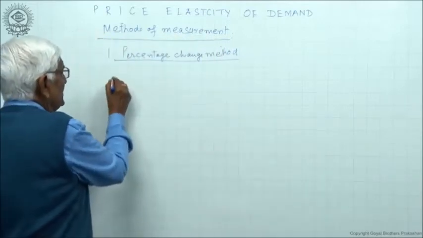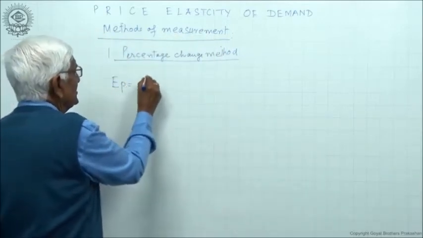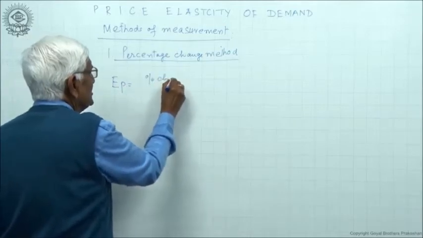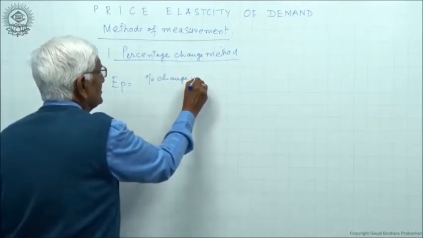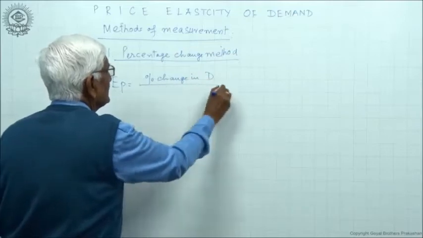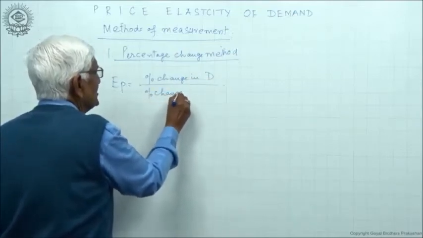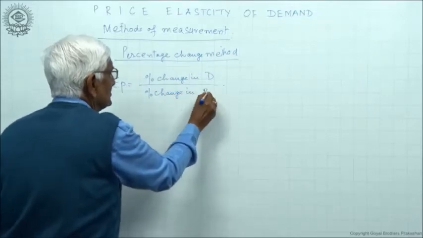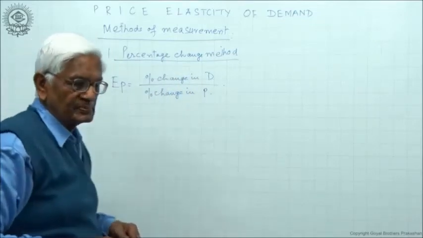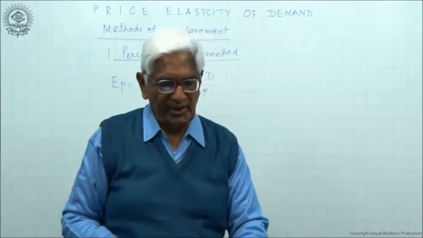According to this method, EP is equal to percent change in demand divided by percent change in price. This is the method broadly.